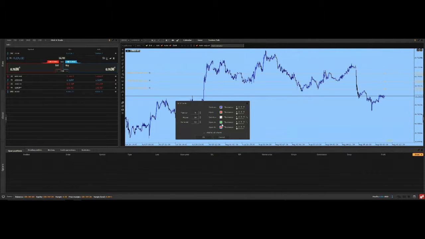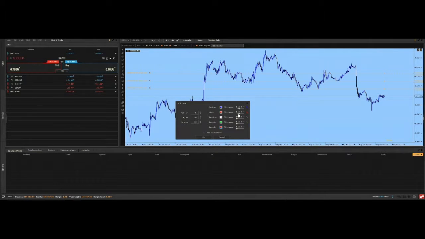So with span A above your red span B and your blue Tenkan-sen line above your red Kijun-sen line, that's a buy signal. On the opposite, if your Kijun-sen line rises above your Tenkan-sen line, that's indicative of a sell. At the same time, you'd like to have double confirmation from your span B crossing above your span A, producing a red cloud.